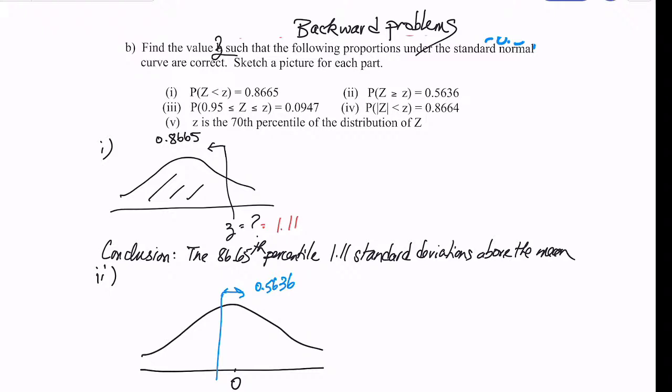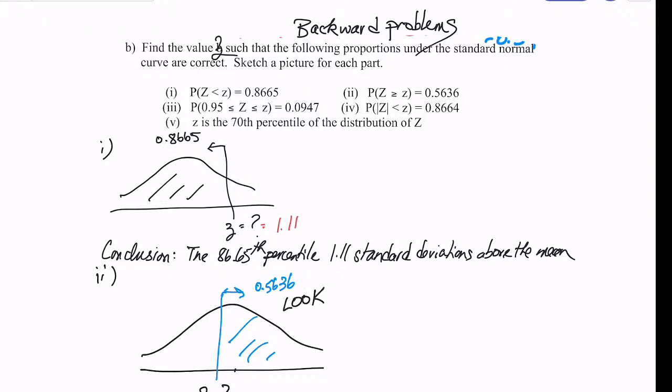So I have that area, so I have to perform the backwards functions to find the number of standard deviations I should be away to observe that. So I perform the backwards approach.